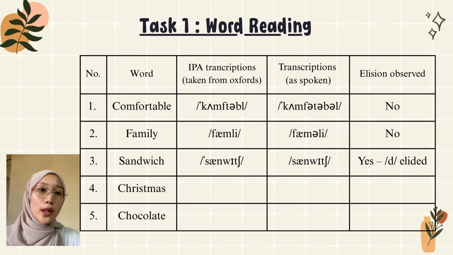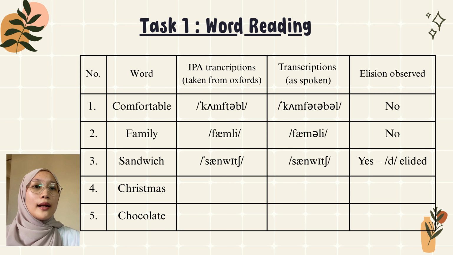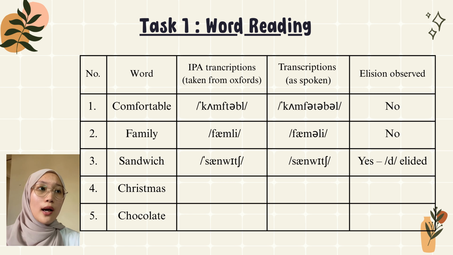When the participant pronounced the word, it was heard as sandwich. In this version, the d sound is missing. This means the participant said sandwich rather than sandwich. This is a clear case of elision where the consonant d is omitted in casual or rapid speech.